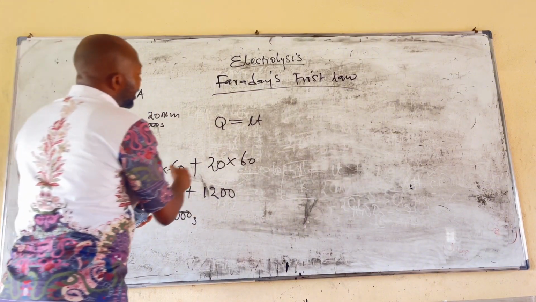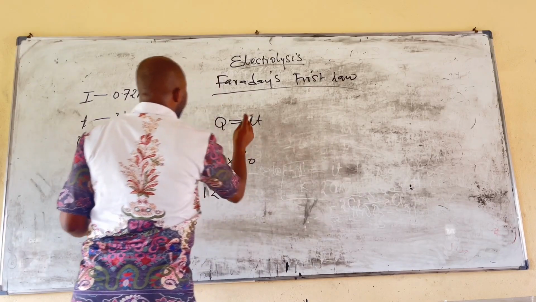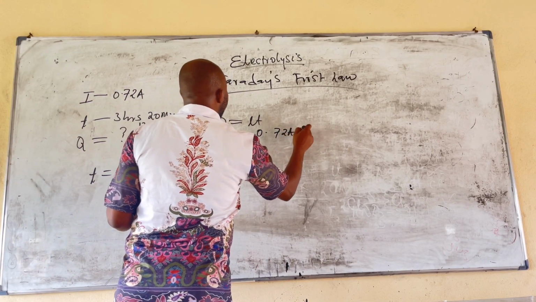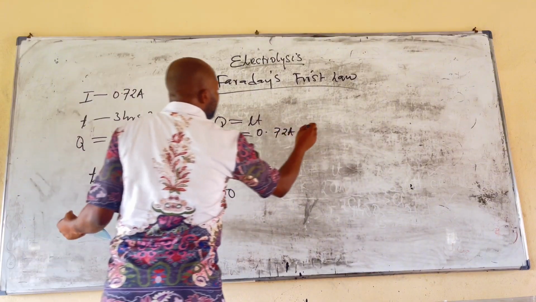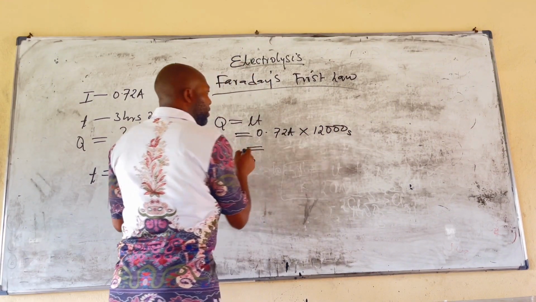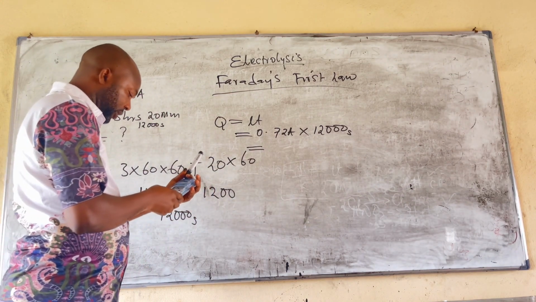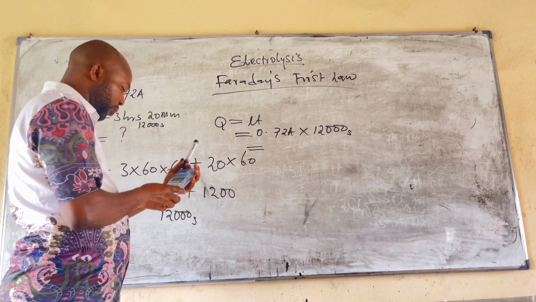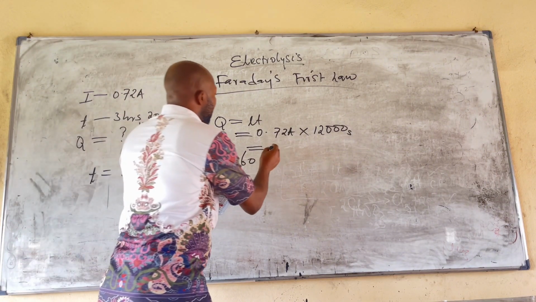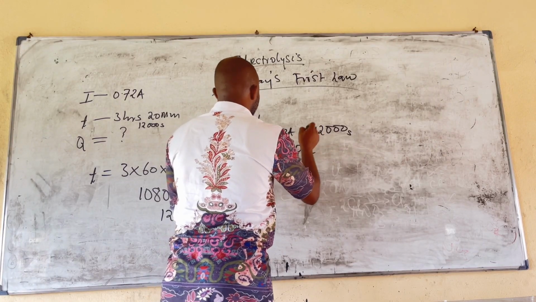So the formula says Q equals IT. My Q would therefore become, I first of all is 0.72 amperes times the time, 12,000 seconds. This is equal to 12,000 times 0.72, which is equal to 8640 coulomb.